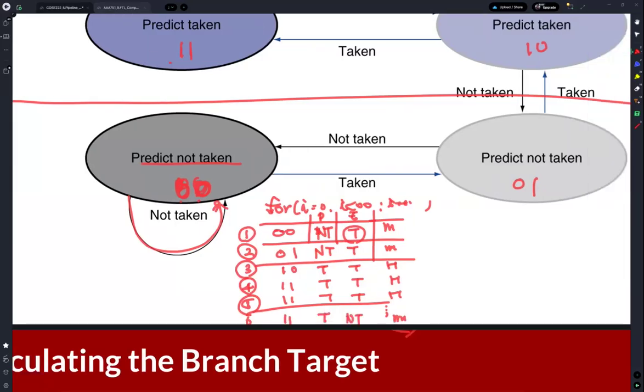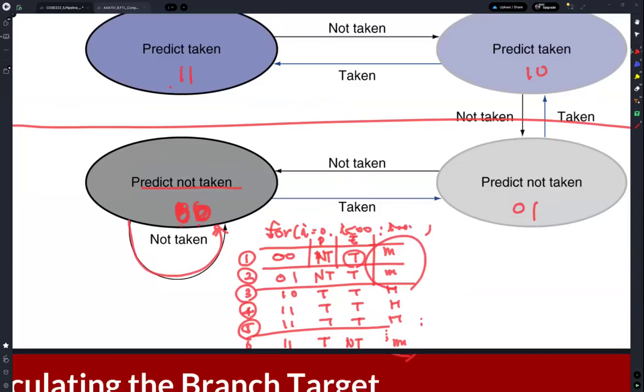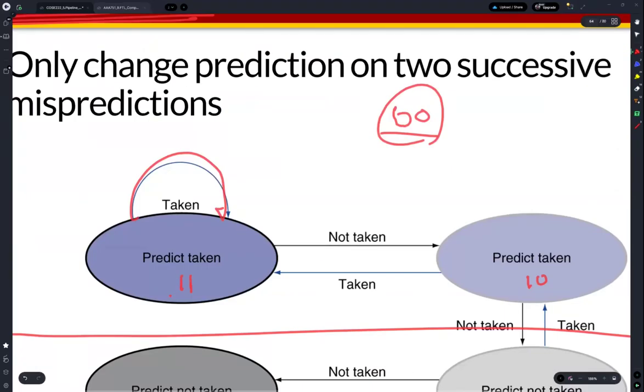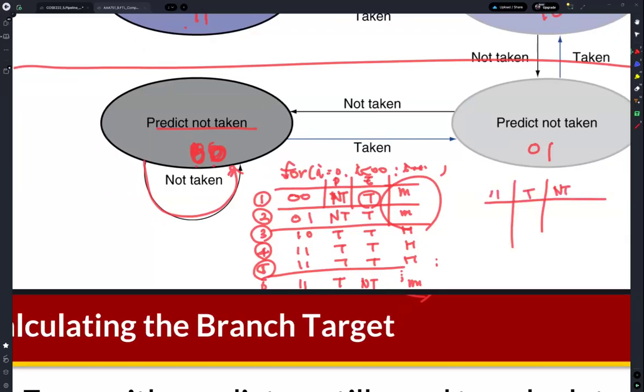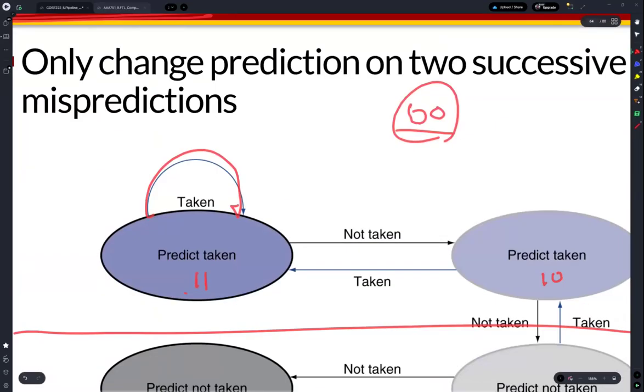Okay? For the one iteration loop, then we can also calculate the prediction rate like this. But for the nested loop like this, at the end of the loop, it's a 1, 1, it's a taken, but it's not taken, so it's a miss, right?